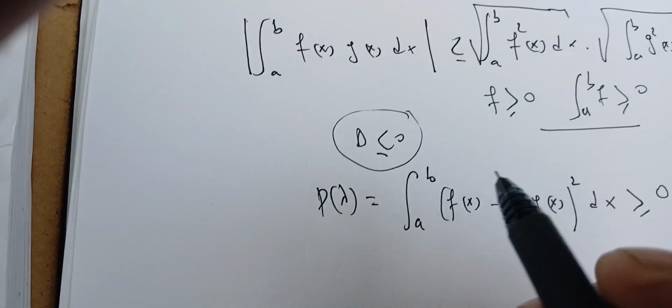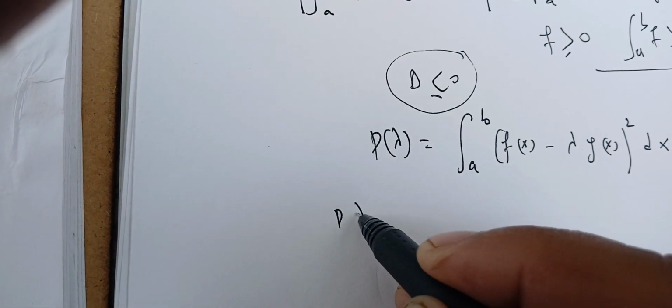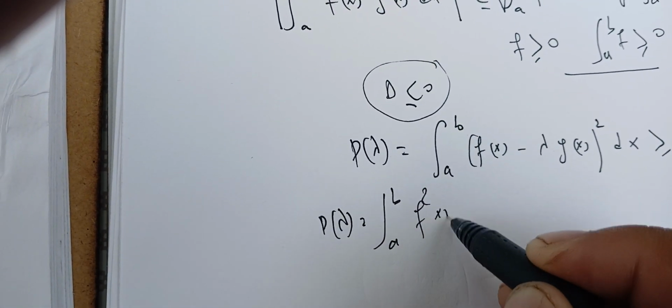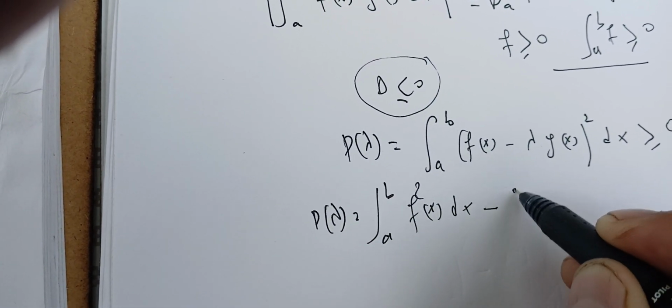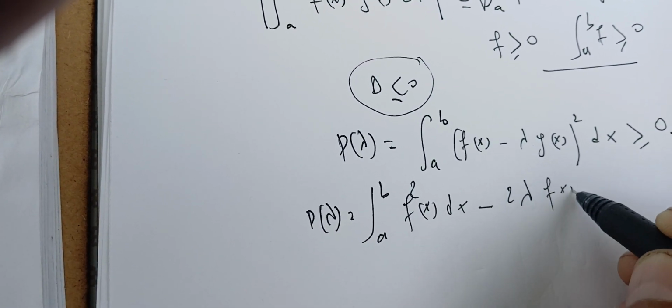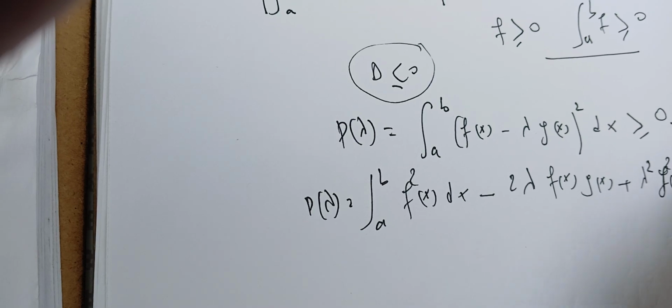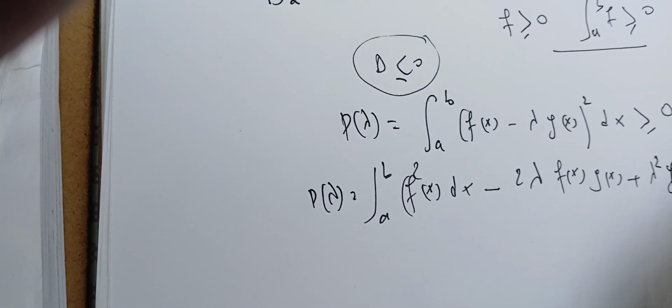Okay, let's solve it then. So we have p of lambda. We can expand and we get the integral of f squared dx minus 2 lambda f of x g of x plus lambda squared g squared of x dx.